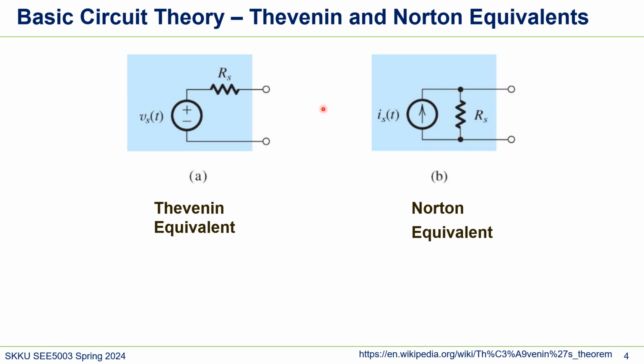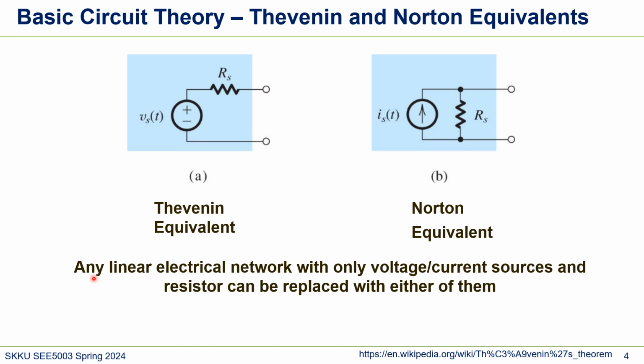So what is it then? The beauty of these circuits is that they represent any linear electrical network. You can just say this is any linear circuit, which has only voltage and current sources and resistors. It doesn't matter how many voltage sources, how many current sources, and how many resistors it has.